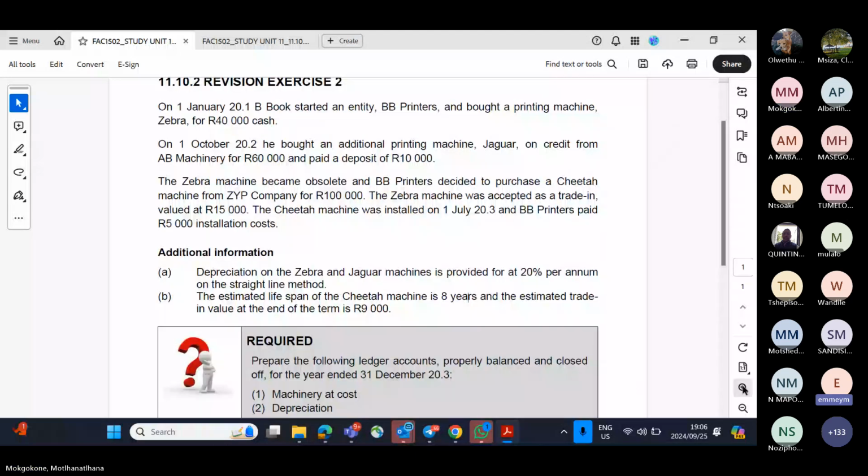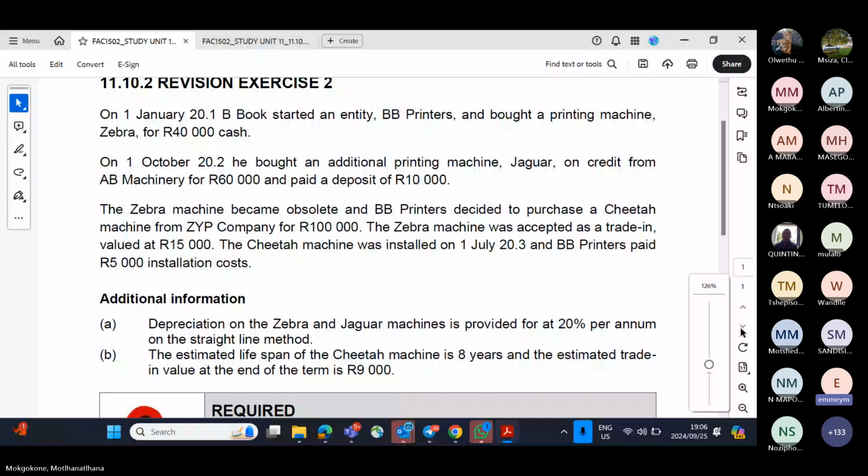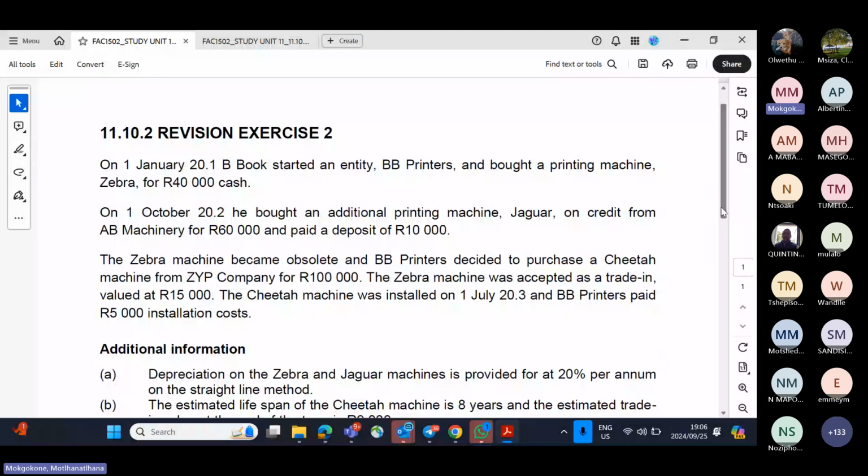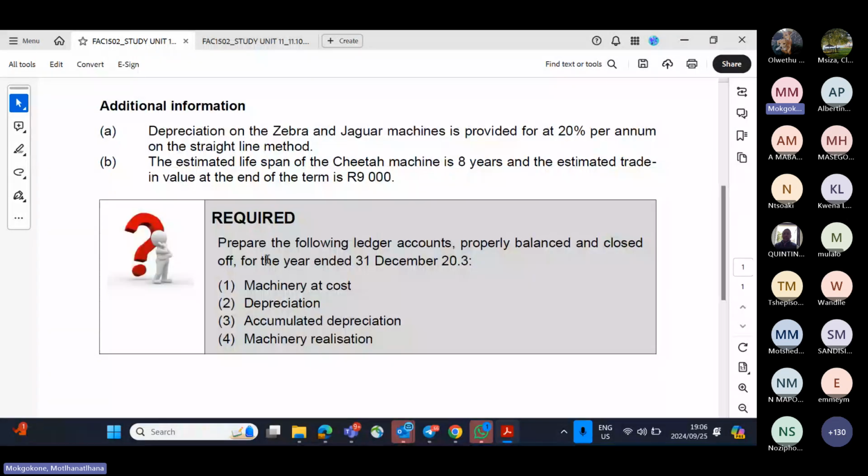Yes, we can see. It says there 11.10.2 revision exercise 2. Let me start with the required. They are saying prepare the following ledger accounts, properly balanced and closed off for the year ended 31st December 20.3.